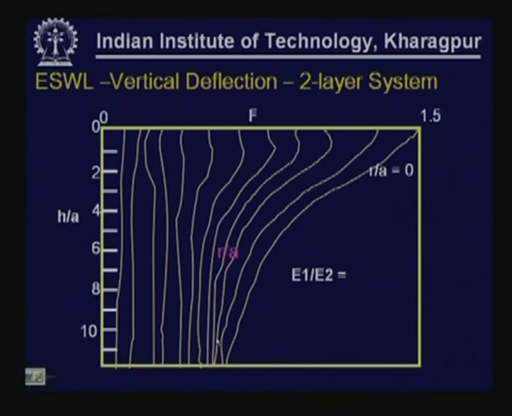You normally get standard charts in standard literature for different modular ratios, where E1 is the modulus value of the upper layer, E2 is the modulus value of the lower layer. For any given ratio you can get a set of charts. So once you identify the chart that has to be used, you know the radius at which this has to be calculated and also the thickness of the pavement, which defines the interface location. We can identify the interface deflection factor.